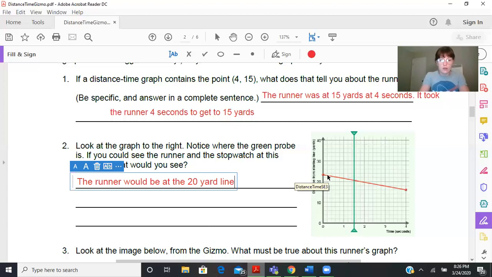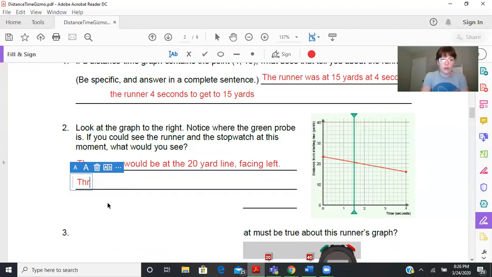left. And the reason he would be facing left is because he's starting at the 20-yard line, but then he ends at the 16-yard line. So that means that he is decreasing distance. And if you're decreasing distance, it means you're running backwards.